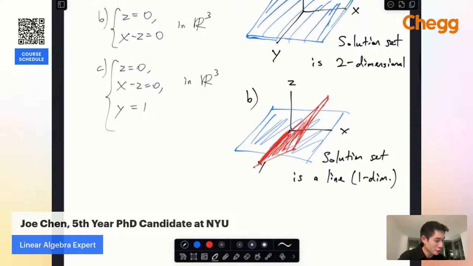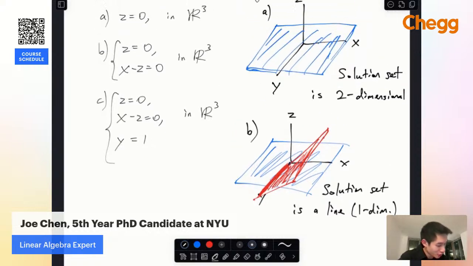So actually, instead of redrawing the picture, I'm going to draw it on top of my picture for part B. Here I have y equals 1. Let me pick another color. So that will look like this.